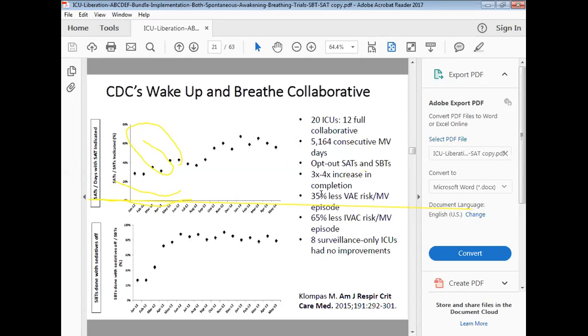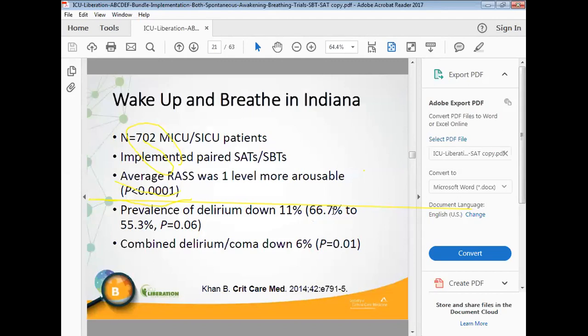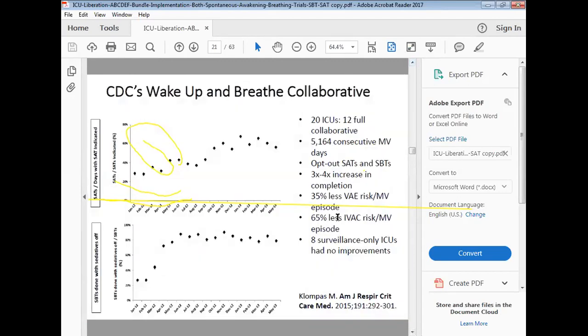That reduces the risk of ventilator-associated events by 35%, and reduced the IVAC by 65%. And there were 8 ICUs that did not do anything. They just collected data, but they did not intervene, and there was no improvement in these units. So it was the units that implemented the project that had big improvement in their patient outcomes.